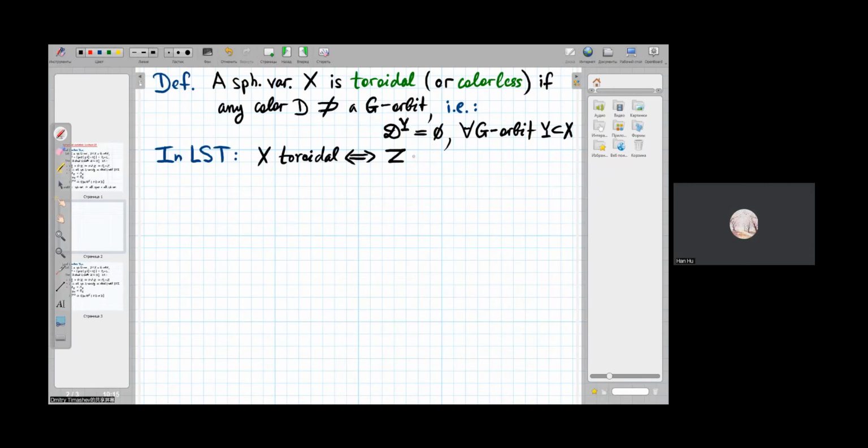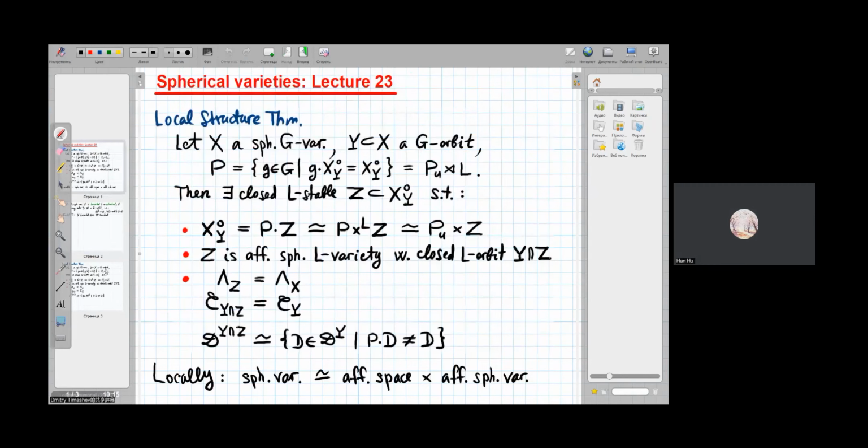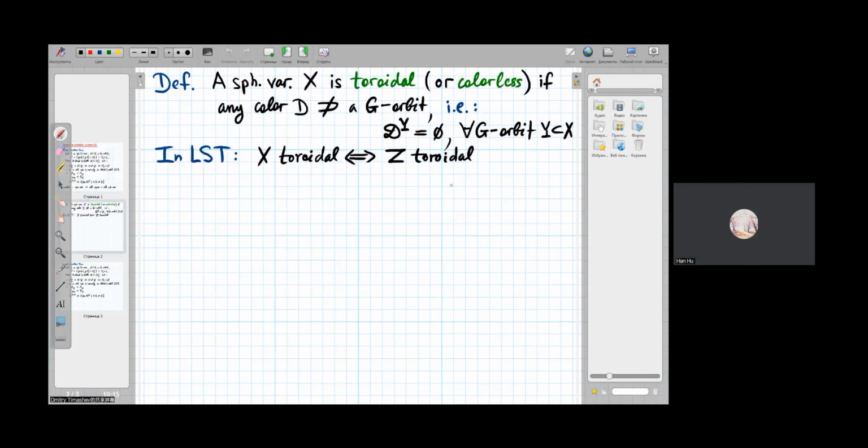Well, for any G orbit Y, the slice Z is toroidal, because the colors in Z are identified with a certain subset of colors in X, the subset of colors containing Y and not preserved by the action of P. Since, if this set is empty for all Y, this set is also empty. So Z is also toroidal. And also Z is affine.